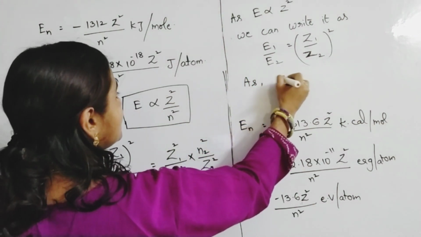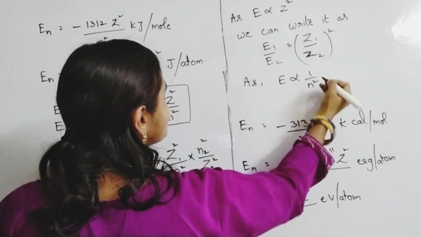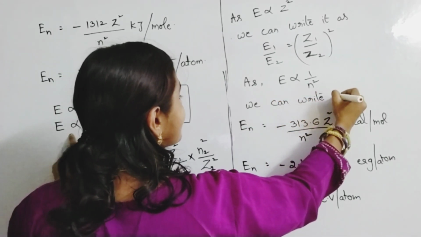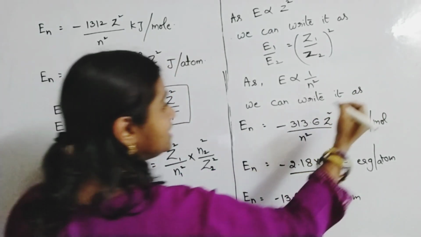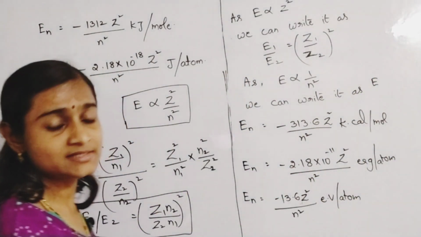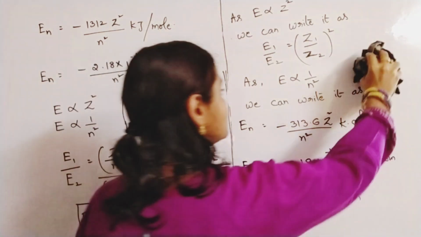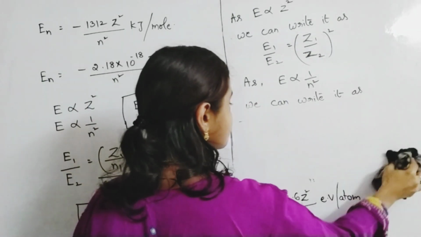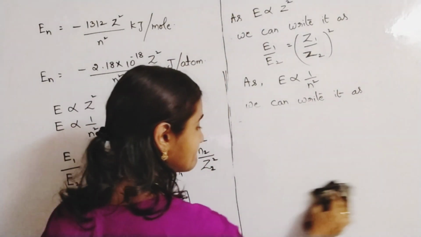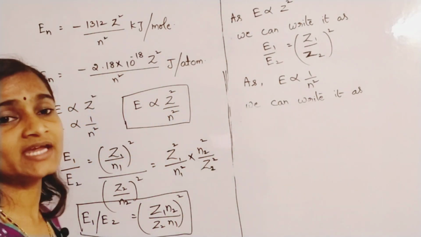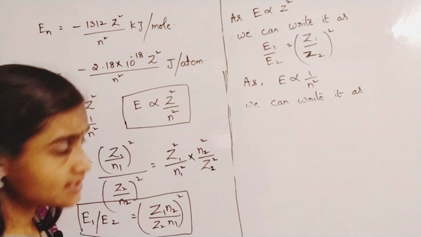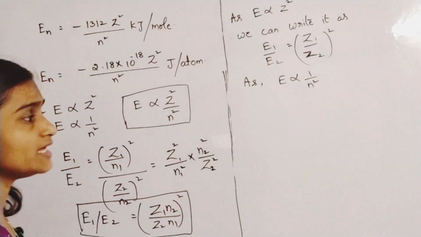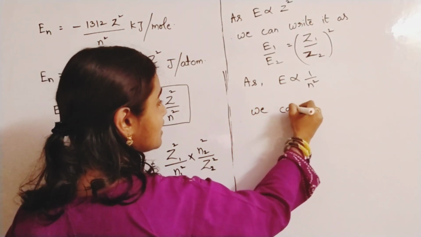As E is inversely proportional to N square, we can write E1 by E2 is equal to N2 square by N1 square.